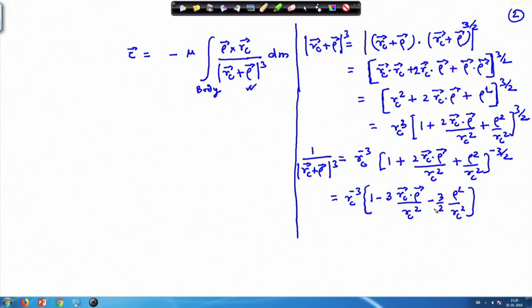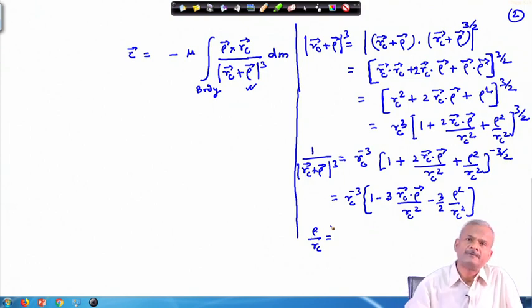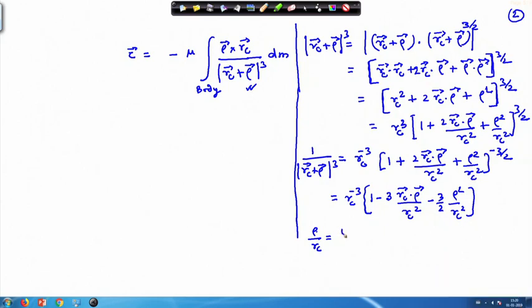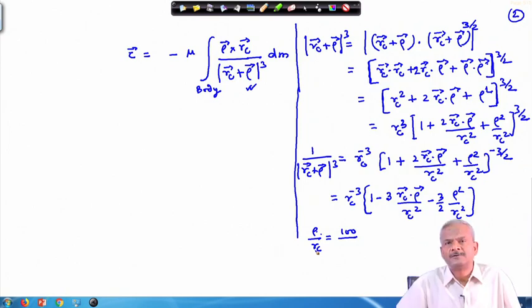Now, looking into this quantity, this rho can be of the order of, say, rho by R c, your satellite. In the case of the International Space Station, if we are considering, in that case rho can be of the order of 100 meters. Okay. So, let us say this is of the order of 100 meters, and R c is the distance from the center of the earth to the center of mass of the satellite.